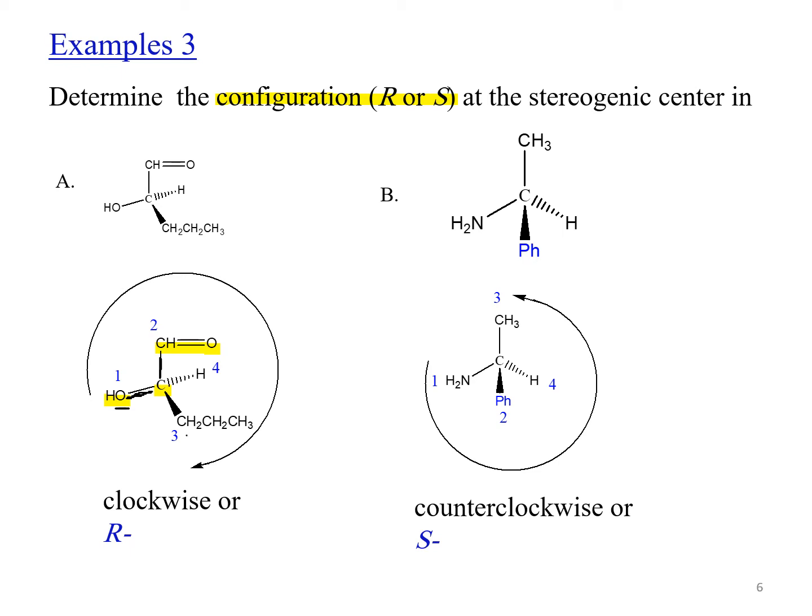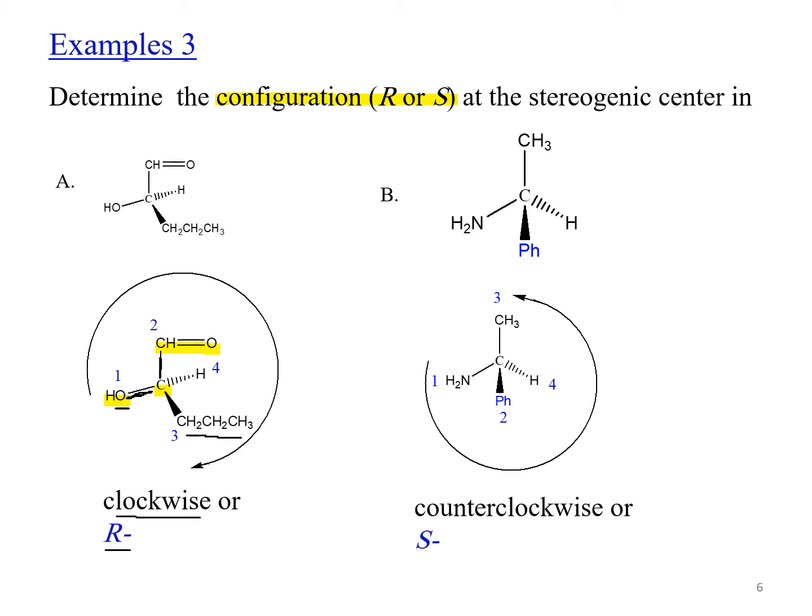And the third priority will be of the propyl group, which is the third carbon basically. Because of this double bonded oxygen, this aldehyde group takes priority over the propyl group because there is no oxygen present in this one. So we will go from 1, 2 to 3, and it will be a clockwise or R configuration.